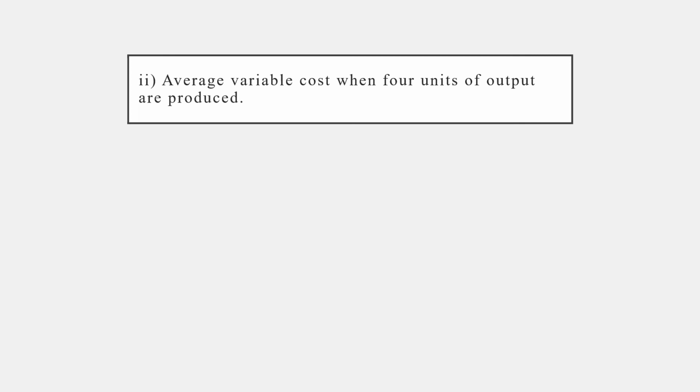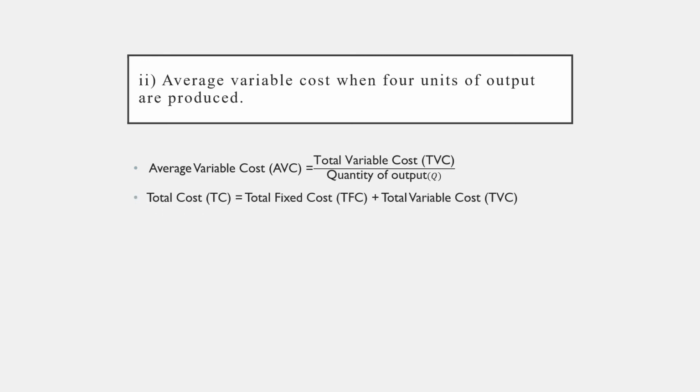Number 2. Average variable cost when 4 units of output are produced. Average variable cost equals total variable cost divided by quantity of output. As we know, the question didn't provide the total variable cost.